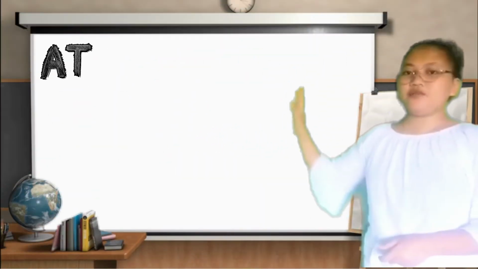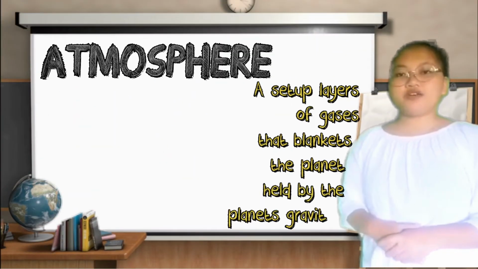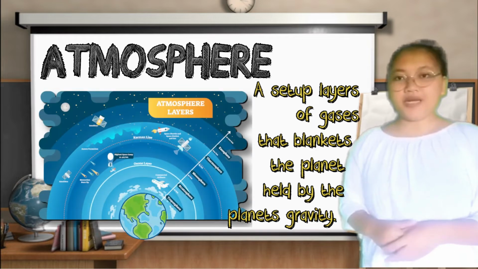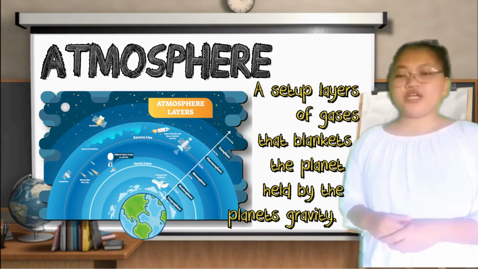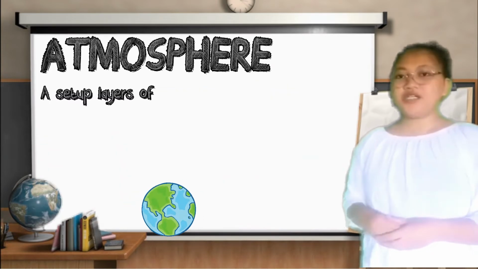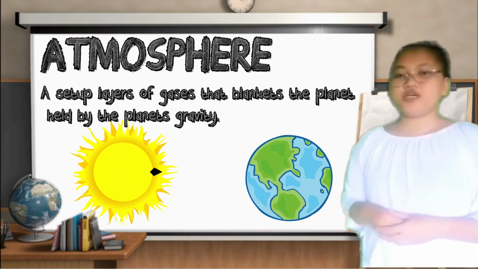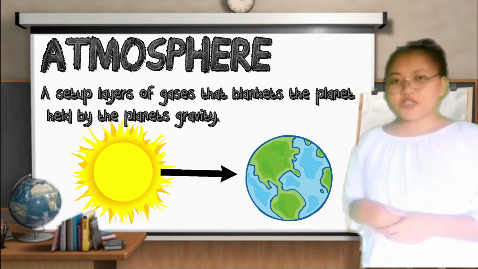First one is atmosphere, a set of layers of gases that blankets the planet, held by the planet's gravity. It protects the surface of the Earth from ultraviolet radiation from the sun.